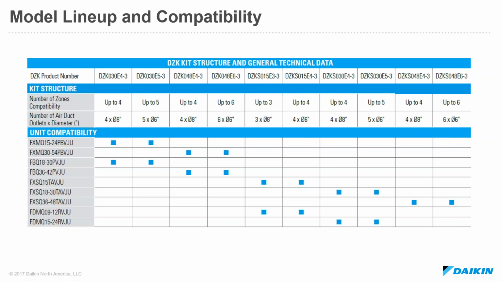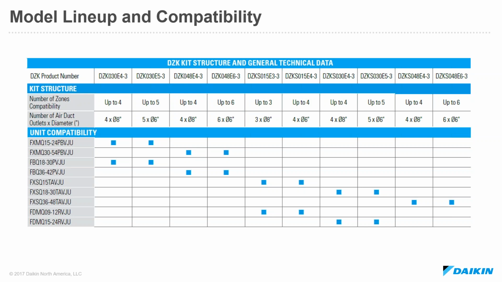DZKS is actually introducing a smaller chassis size, in that we are introducing a DZKS 015, so quite a bit smaller in regards to the total capacity of the indoor unit. In the case of DZKS 015, we can choose either 3 outlets or 4 outlets, and that's compatible with FXSQ 15 or the FDMQ 09 and 12.